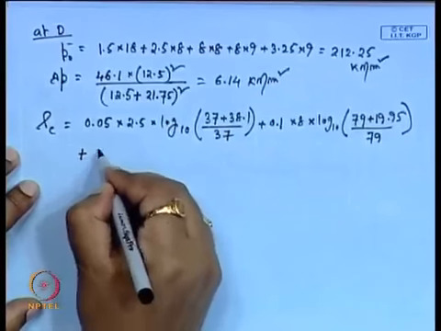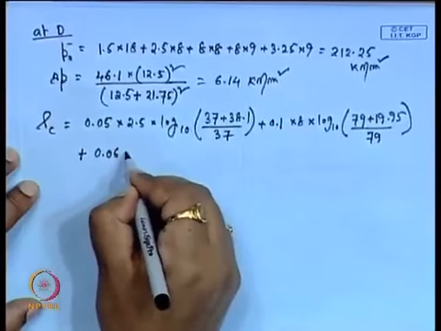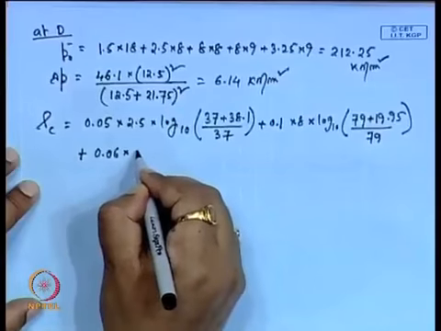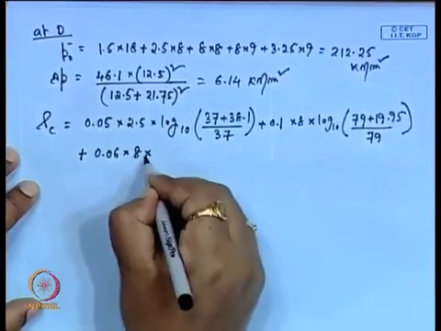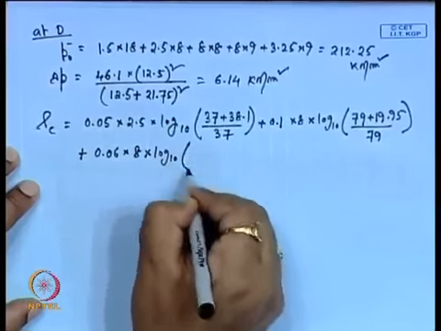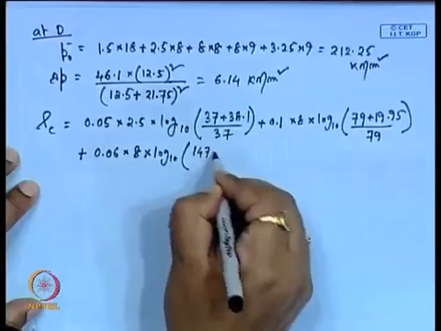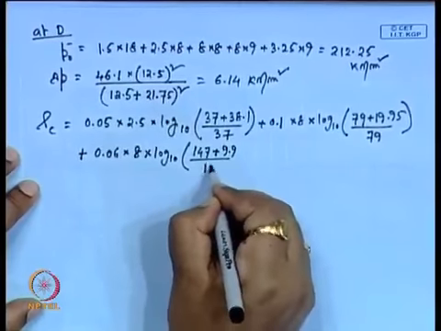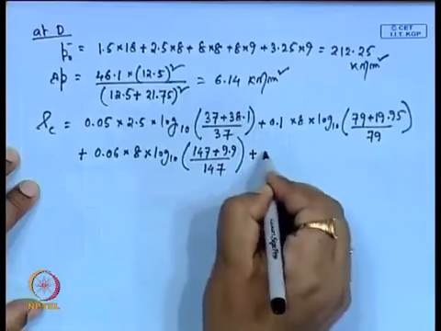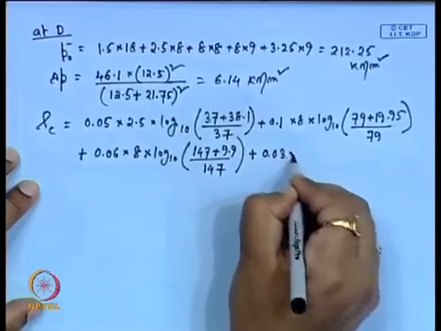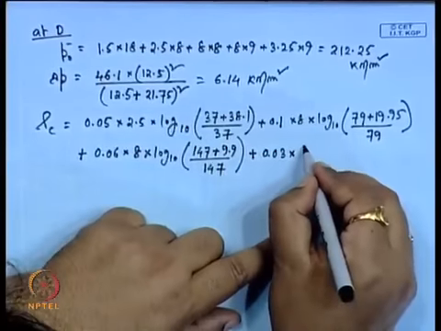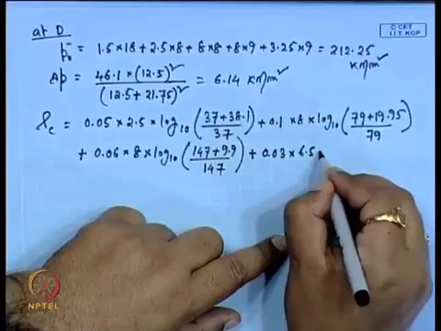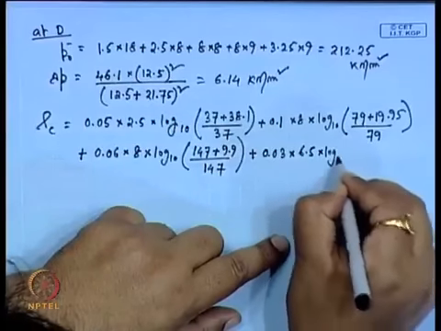For the third layer, this 0.06 is Cc plus 1 by 1 plus e0 into 8 is the thickness of the layer, then log 10, 147 plus 9.9, 147. For the fourth layer, 0.03, and fourth layer influence zone thickness is 6.5, not the total thickness. So, this is log 10.